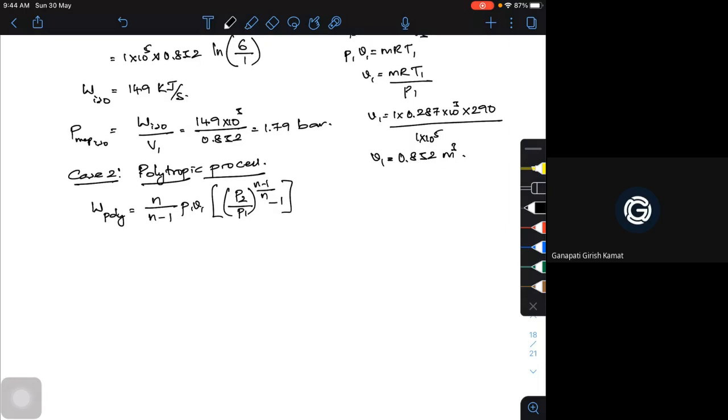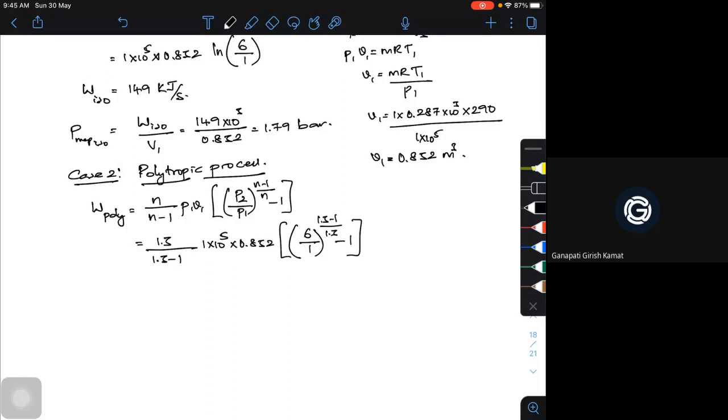So what are the values? N is equal to 1.3 divided by 1.3 minus 1. So P1 is 1 bar. So V1 is 0.832 into 6 by 1 whole to the power of 1.3 minus 1 by 1.3, minus 1.